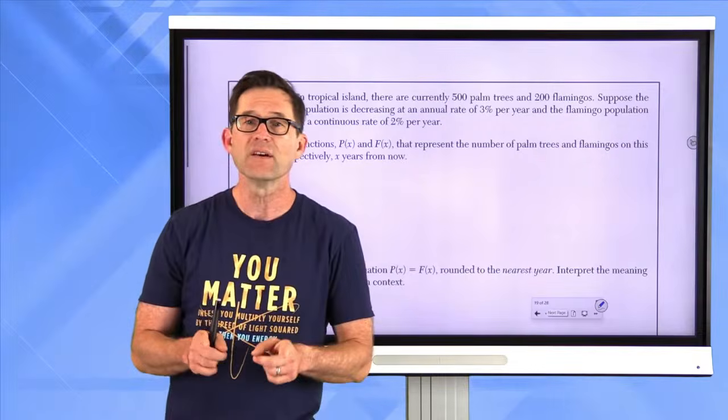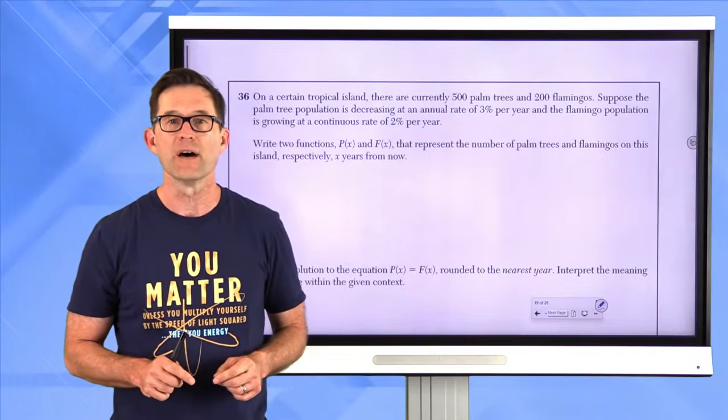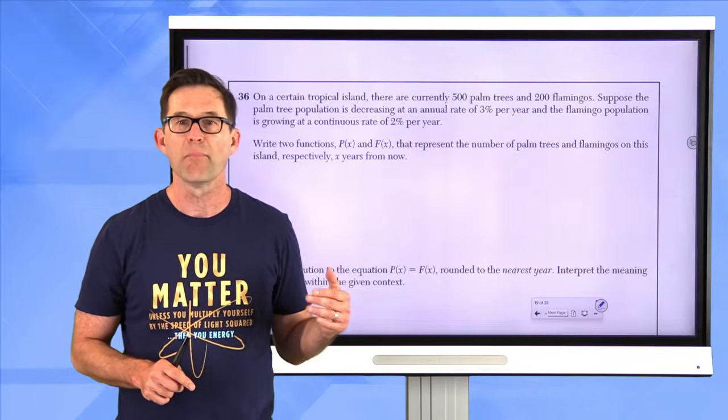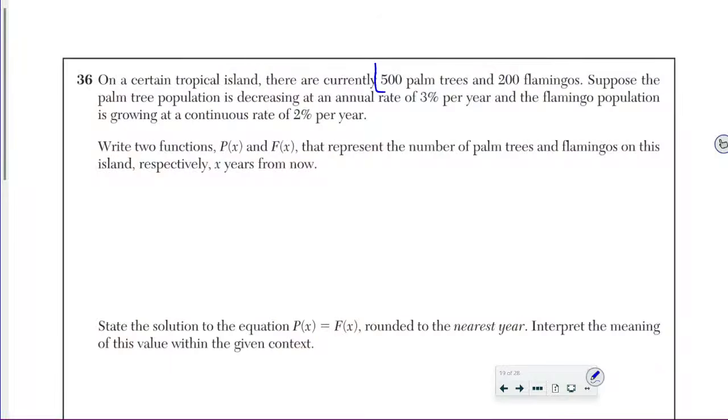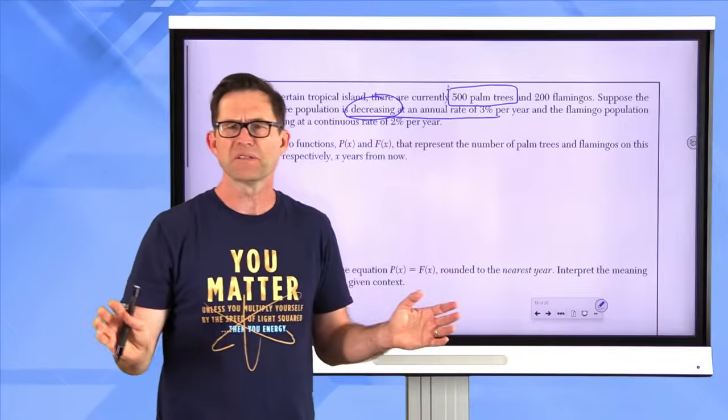First, let's deal with those. We want the flamingos and we want the palm trees. So let's deal with the palm trees. Now, what do we know about the palm trees? Currently, there are 500 palm trees, and the palm tree population is decreasing. That is exceptionally important. Decreasing at an annual rate of 3% per year. But other than that, it's simple, right?